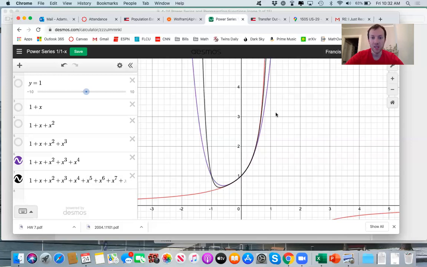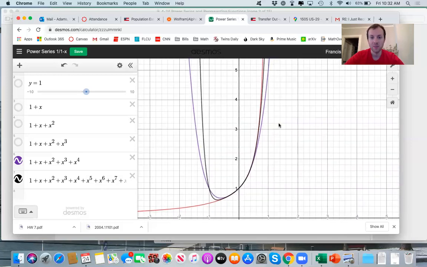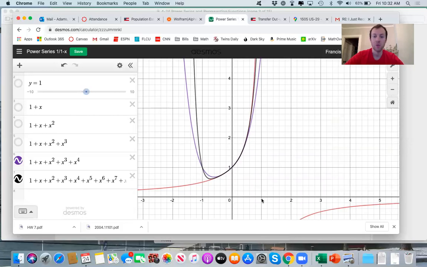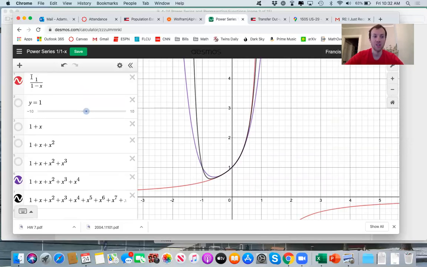A problem is that it's not perfect, because at 1 the original function has an asymptote and none of the polynomials do. So it doesn't work at 1, but it gets better as you have more terms.